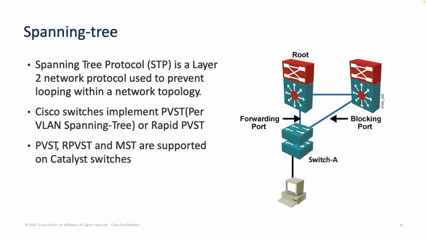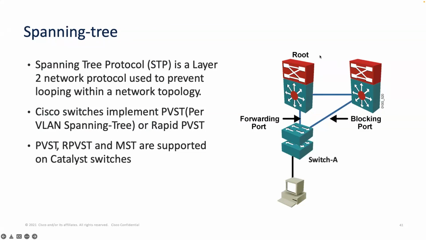Moving to the next topic, spanning tree, which as you know is one of the most important technologies in the layer 2 network. Spanning tree can remove layer 2 loops by blocking the redundant links. A redundant link means an additional link between two switches.